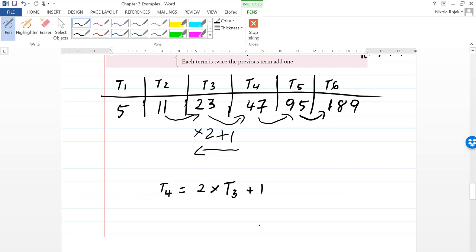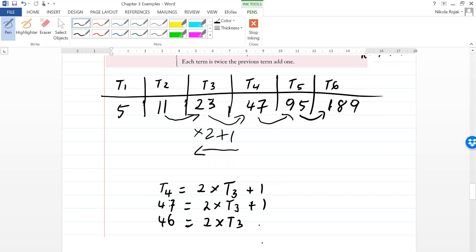Okay, so if we substitute the values in, 47 is equal to 2 times term 3, which you could even call x, plus 1. And then you just have to solve this simple equation. If we took 1 from both sides, you'd get 46 is equal to 2 times term 3.